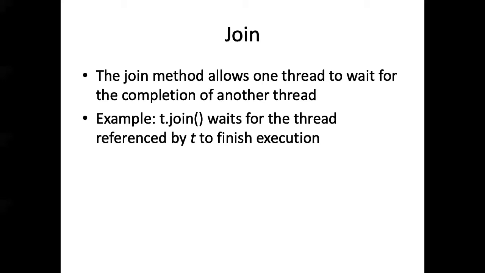So it's like saying with a friend, I'm only going to wait for you for, say, 10 seconds. And if you're not here by then, I'm taking off. Whereas if you give join without any argument, you're basically committing yourself to wait for your friend indefinitely until your friend arrives.